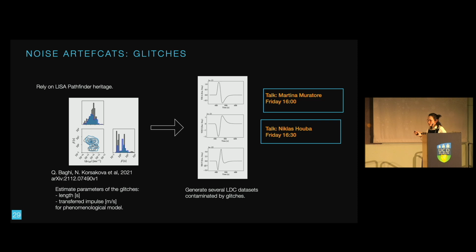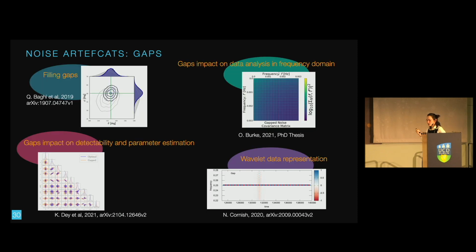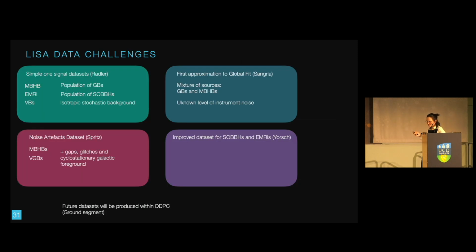The main work was done on the glitches, and we have a data set that we're trying to analyze, and there will be two talks on Friday dedicated to that. Also there has been a lot of work on the gaps, where people either try to fill the gaps or look at how these gaps would affect detectability and parameter estimation, and how people can, for example, work with wavelet data representation to account for the gaps.